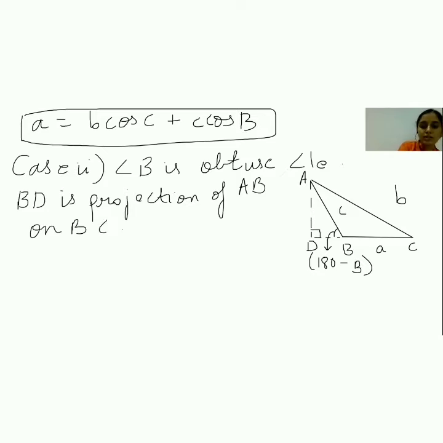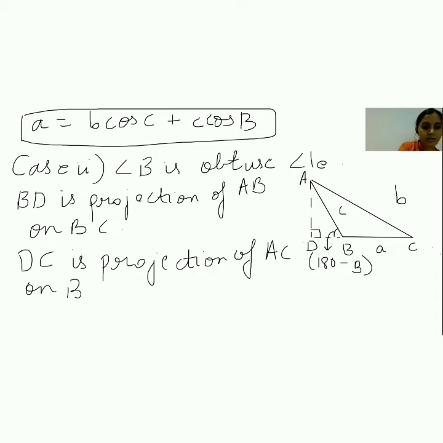Similarly, for AC, we can write that. Now, where is the 90 angle formed? It is formed at D. So we'll say DC is projection of AC on BC.